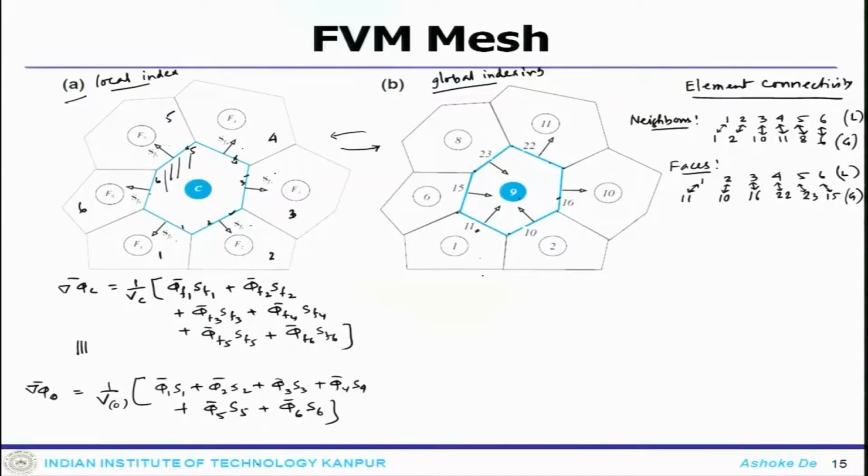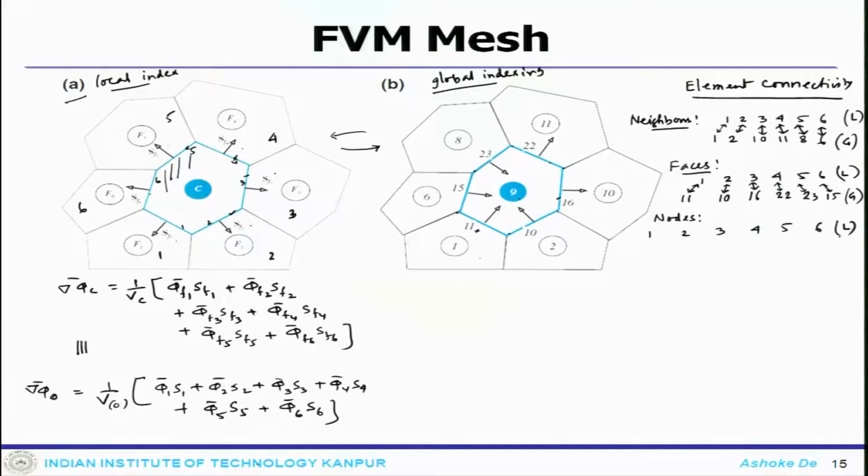Again, if you look at it, the local nodes must be 1, 2, 3, 4, 5, 6. These are local nodes.